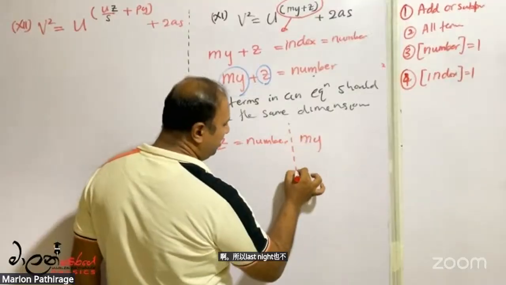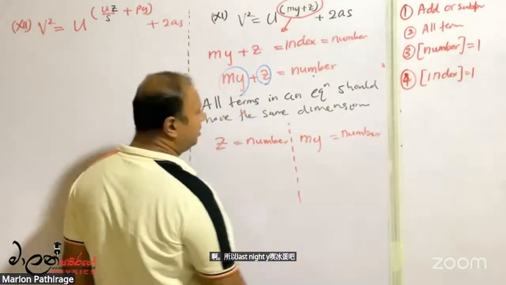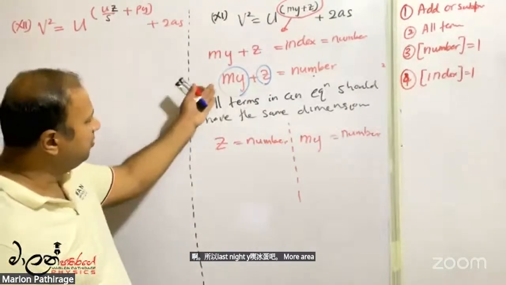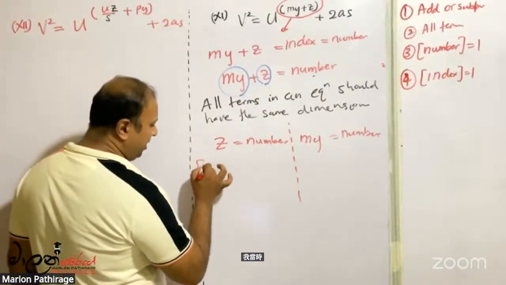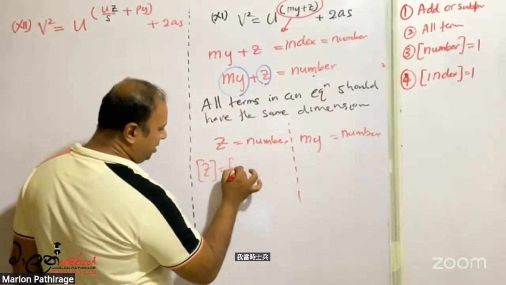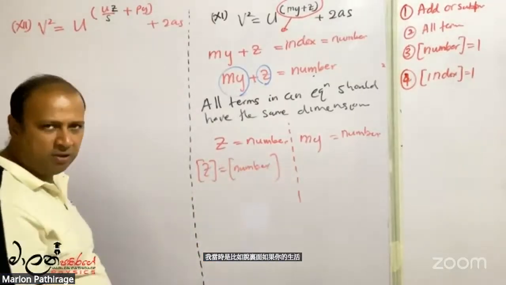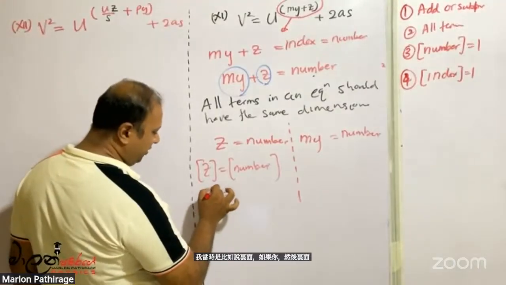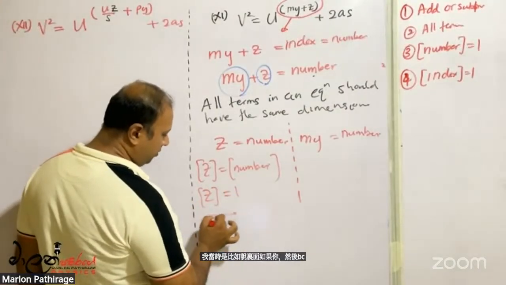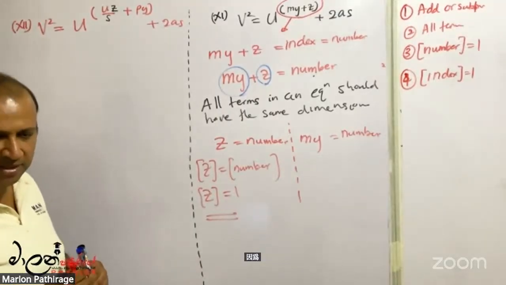Both are numbers. Therefore, dimension of Z should be equal to dimension of a number. You know dimension of a number is equal to 1. That means it has no dimension. Therefore, dimension of Z is equal to 1.